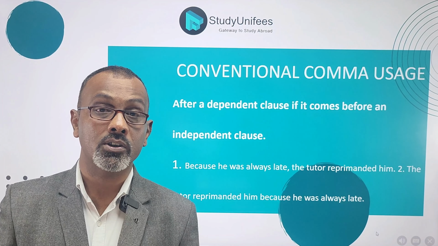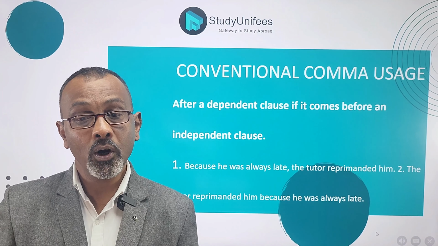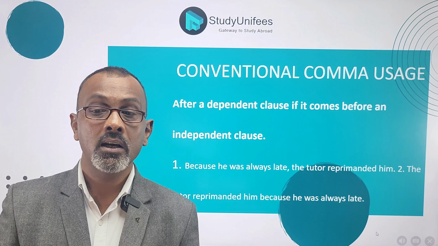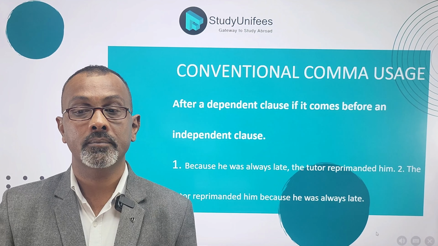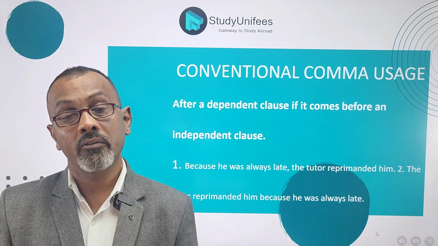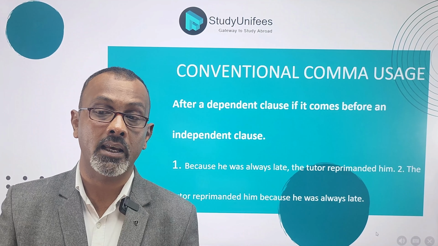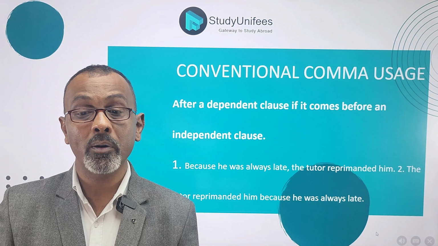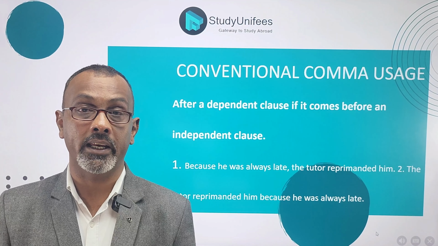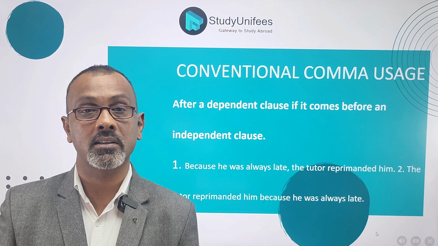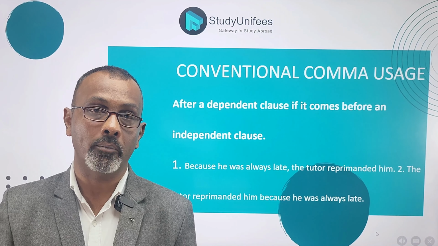The dependent clause in this example is because he was always late. The independent clause is the teacher reprimanded him. However, when the clauses are inverted, when the independent clause starts the sentence, like in the second example, the teacher reprimanded him because he was always late. When this happens, when the independent clause starts the sentence, there is no need for a comma.